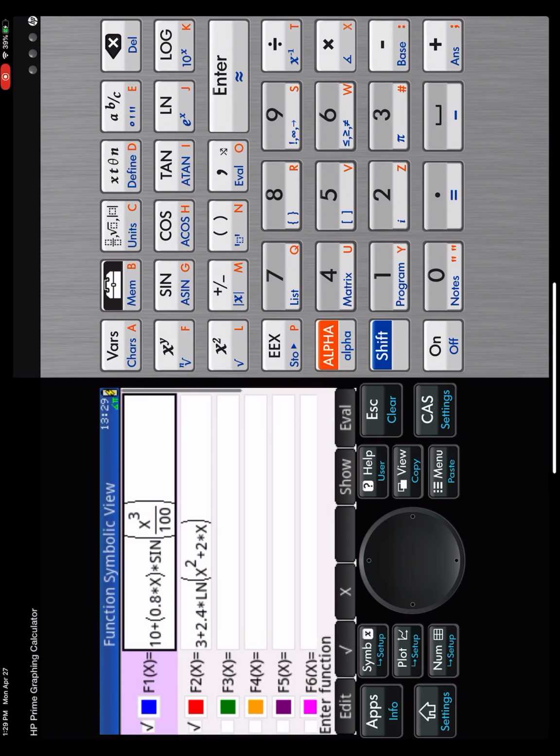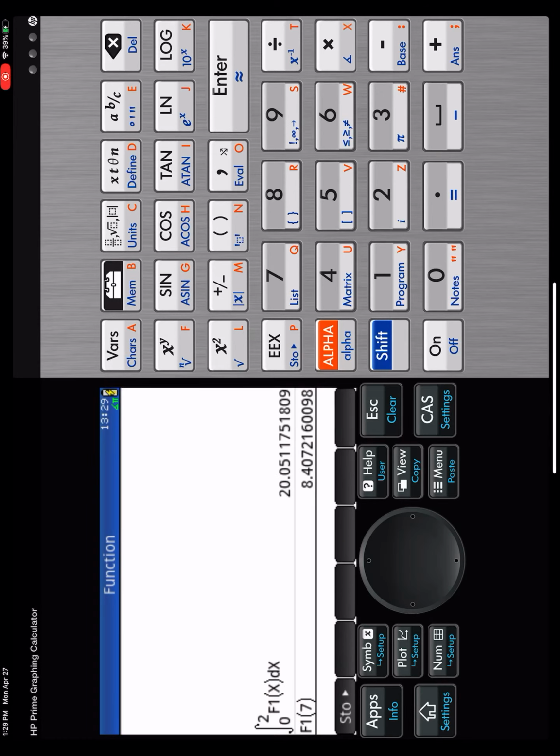You want to make sure you don't forget to put the little stars, the multiplication, in between the functions, so it works. Once it's in there, and that's F1 and that's F2, when I go to my graph to put the numbers in, I use the home. You can use CAS, it doesn't matter, but I just use F1 of x, and then you just plug it in. Then the second part is going to be F1 of 7, you just plug that in.